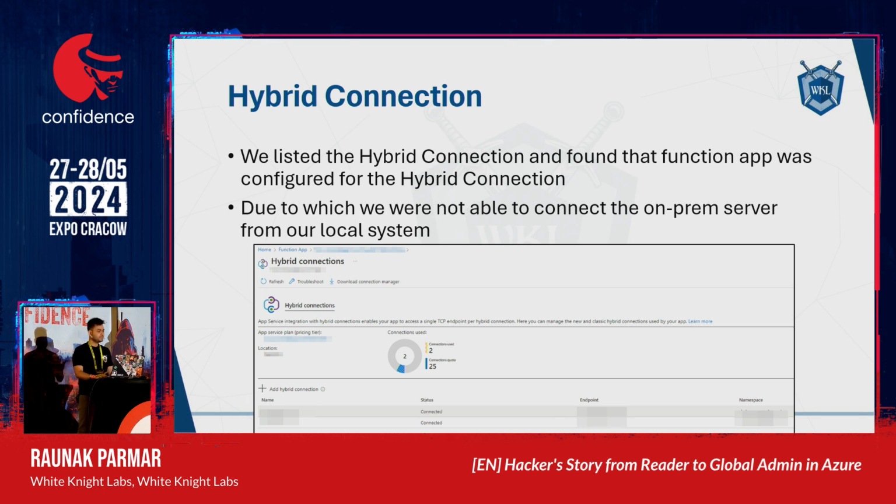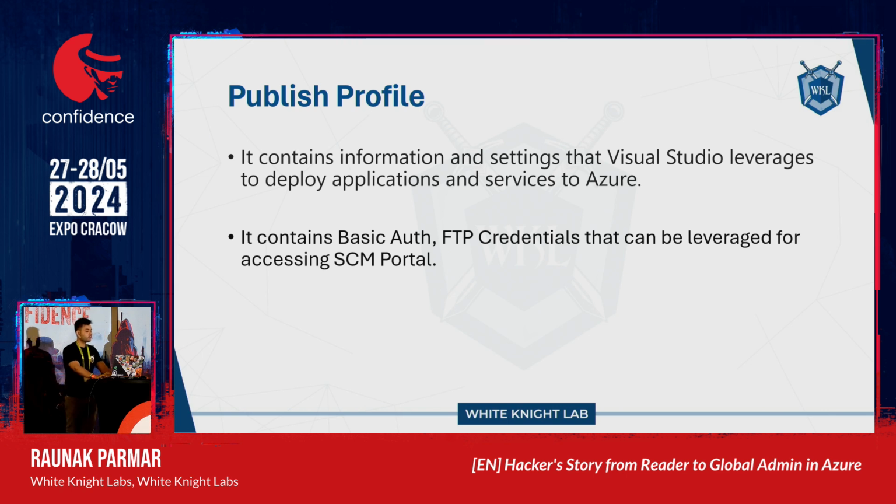That means we have to leverage the function app. We have to get into the function app within its network, and then try to connect to the on-prem server. For that, we could have used the function code and triggered those functions again. But there's something else called the publish profile.